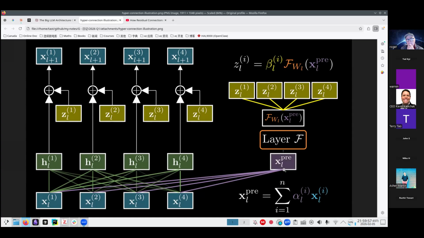If a baseline model is 1,000 dimension, then this would be 1,000. Then you'd have X superscript 1, X superscript 2, X superscript 3, and X superscript 4, so you would have 1,000 for each one of those. So effectively almost a 4,000 wide residual stream.